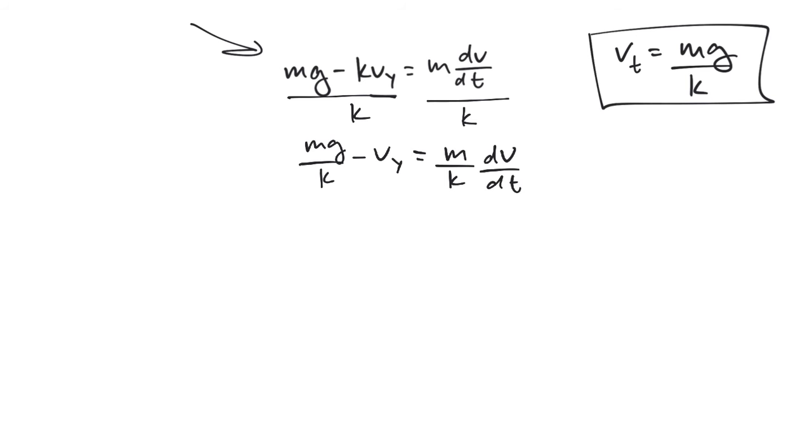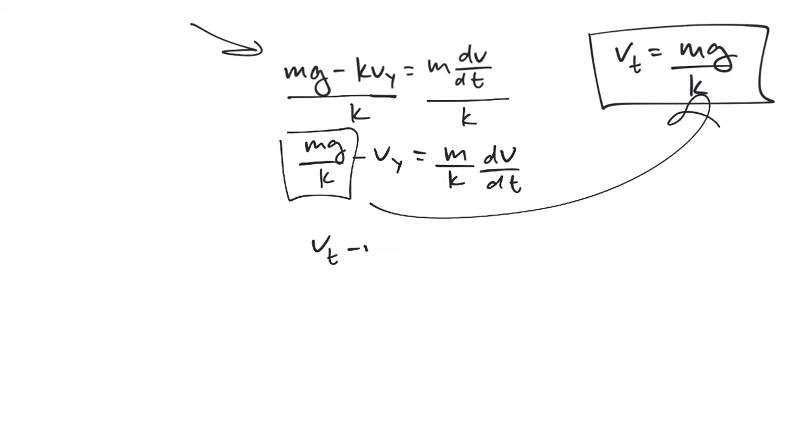What you might notice here is that this term right there is our terminal velocity. So we can rewrite that as v_t minus v_y, and v_t is a constant, equals m over k dv/dt. Now we're going to do what's called a separation of variables.